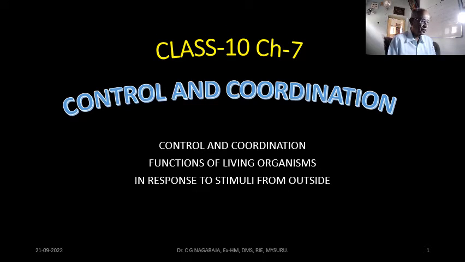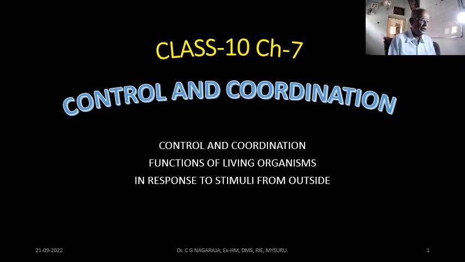For that purpose, there is a definite way in which control is done by a special organ. In higher animals, it is called the brain, and coordination takes place with the help of other living systems, especially in human beings. It is called the endocrine system.